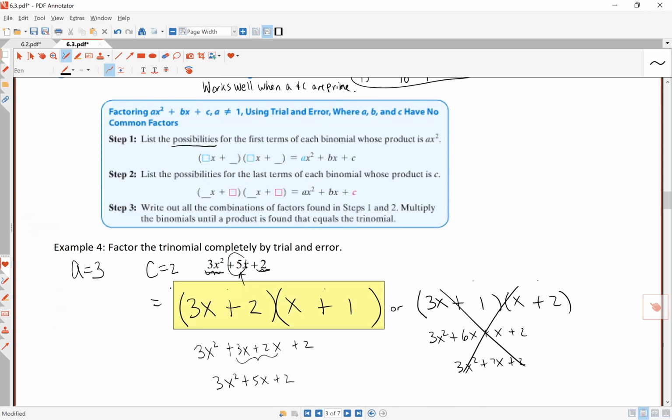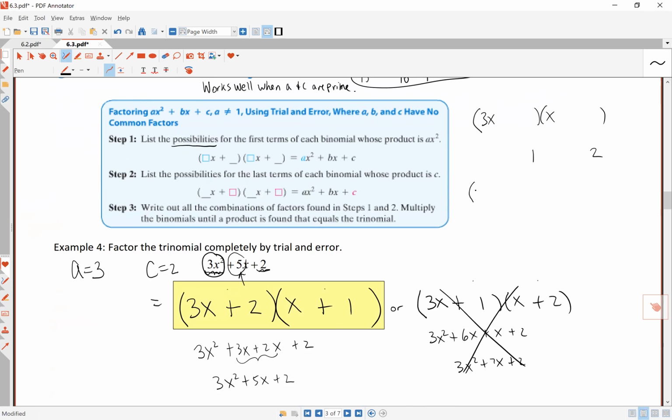So recapping on this one, list all the possibilities of getting a 3x squared. So we have 3x and x. Writing out all the possibilities for the last number, 2 and 1.